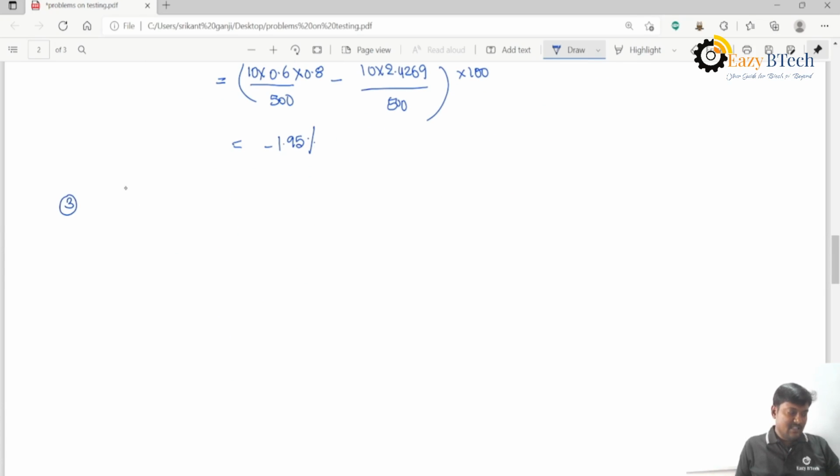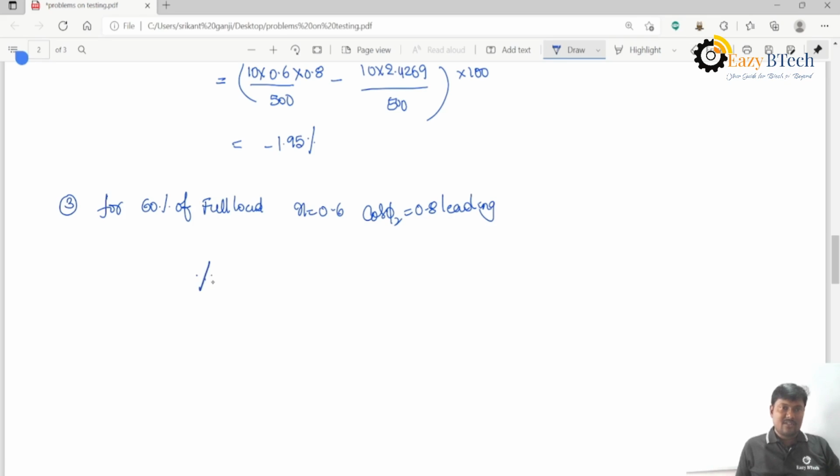And finally, the third one is for 60 percent of full load. The x value is 0.6 and the power factor given is 0.8, leading or lagging, which will not affect the efficiency of the transformer.